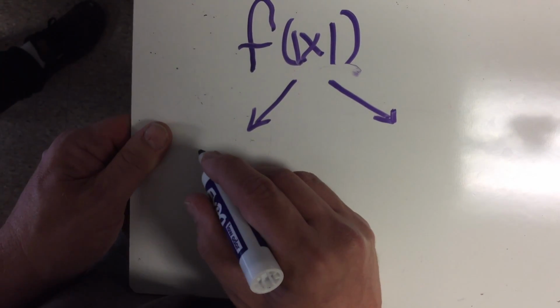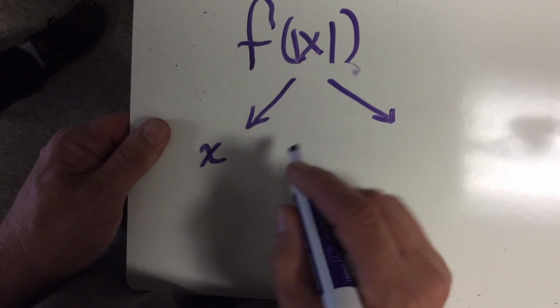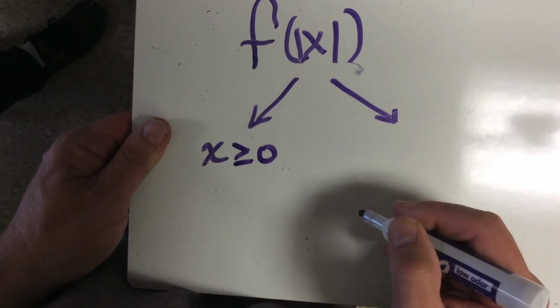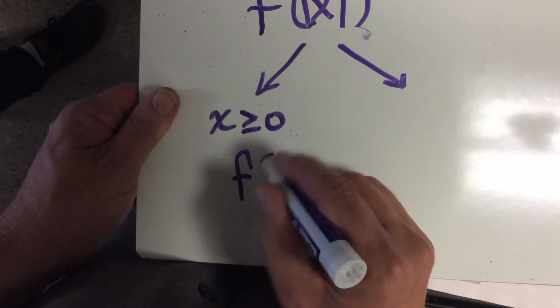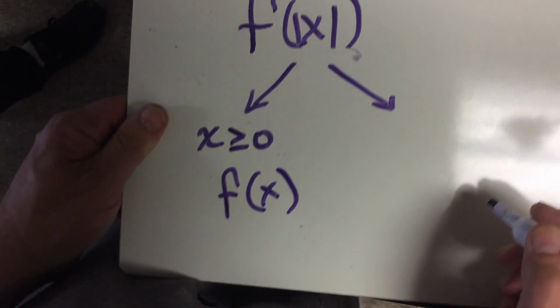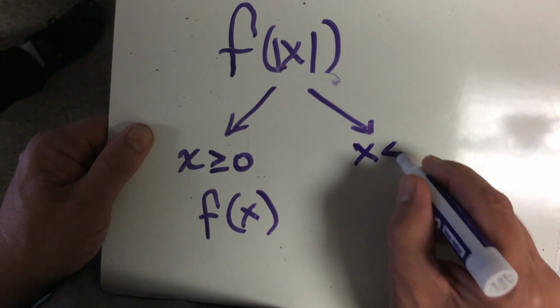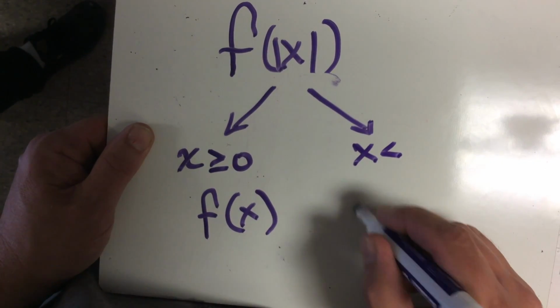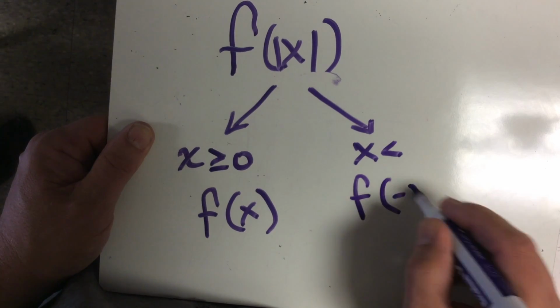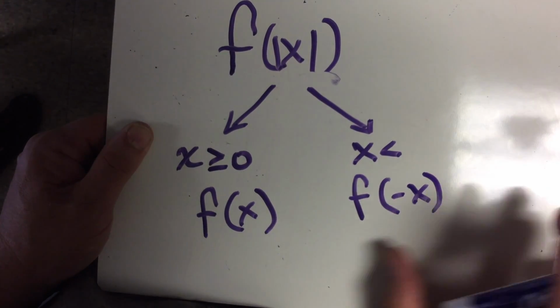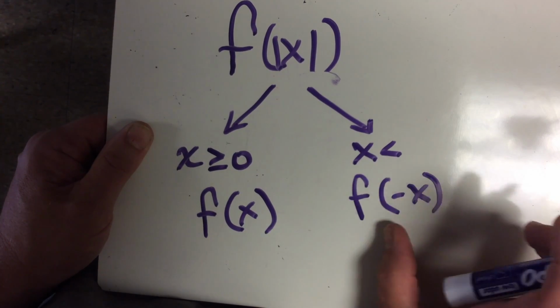One is going to be what happens when x is greater than or equal to 0, and that is nothing. And the other is going to happen when x is less than 0. And that's going to be that. And we just discovered the difference between these two things.